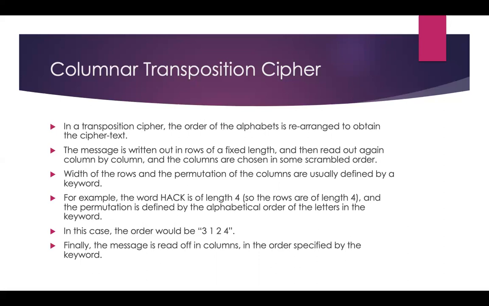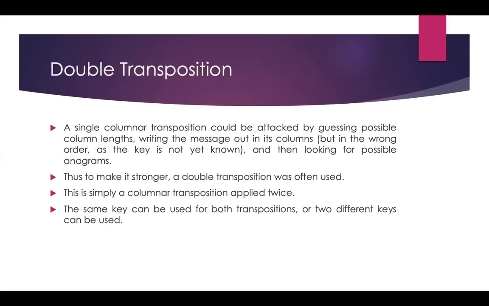Moving on, we are going to see one more cipher, and I'll tell you why we are going for it. That one is called the double transposition cipher. Since we have very little security in columnar transposition, we can implement this double transposition.